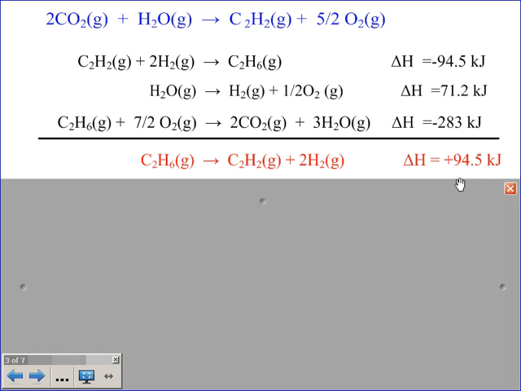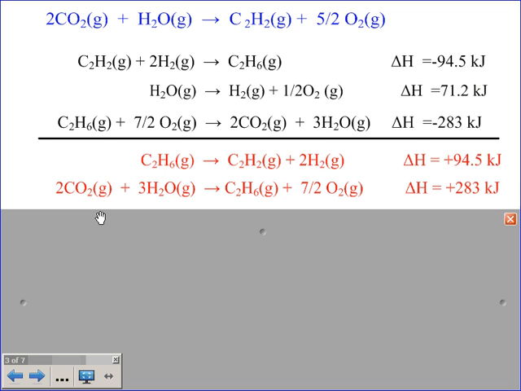Delta H is now positive. I flip my last one, I had to flip this one also to get my CO2 on the proper side. So this is flipped over, and I've also changed the sign of delta H.